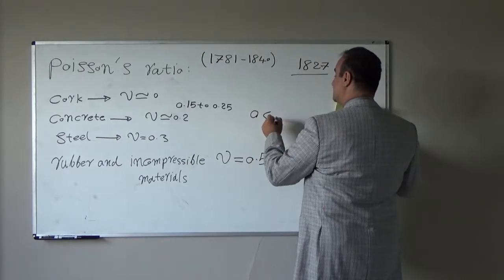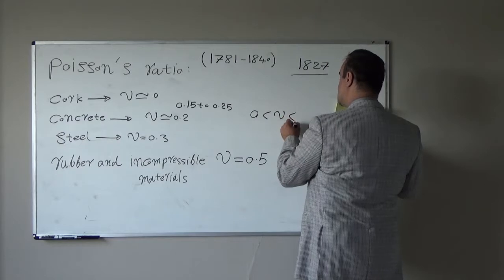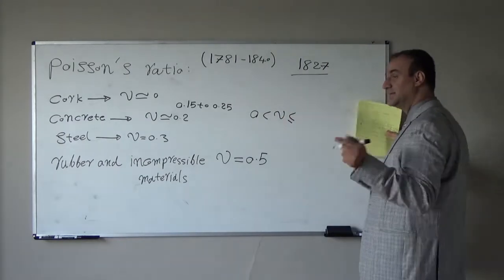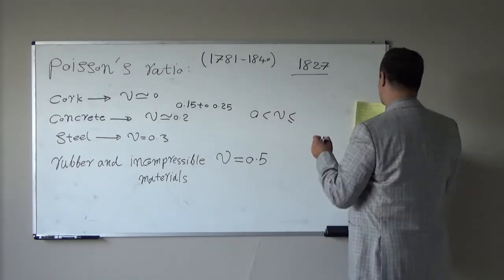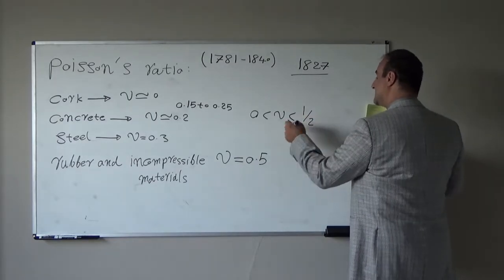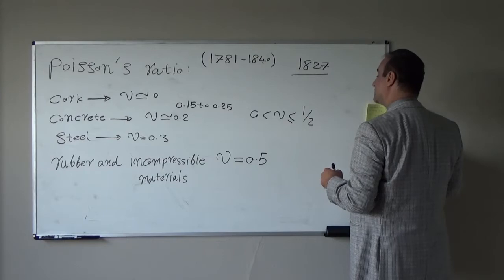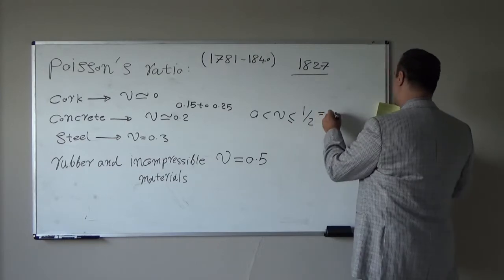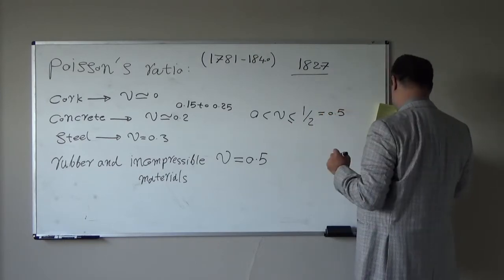So the range of variation of the Poisson ratio for 99% of the materials you will use is greater than 0 and smaller than or equal to 0.5.